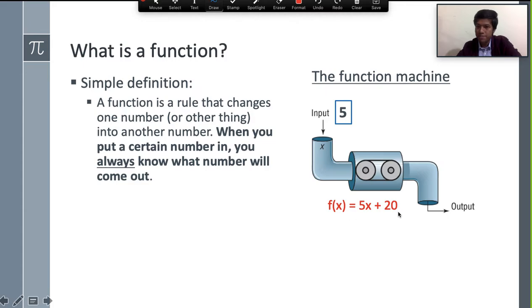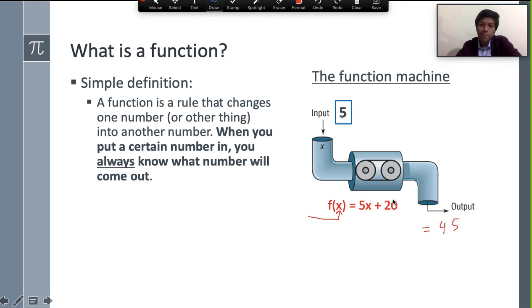This is a function. Why is it a function? If you put x equal to some value, suppose you give x = 5, then 5 times 5 plus 20. What is the answer? 5 times 5 means 25. 20 plus 25 means 45.